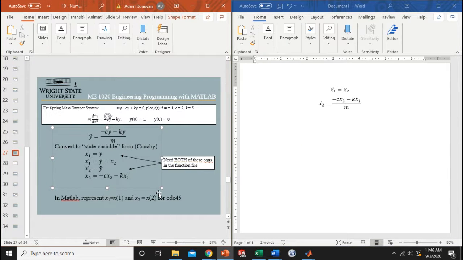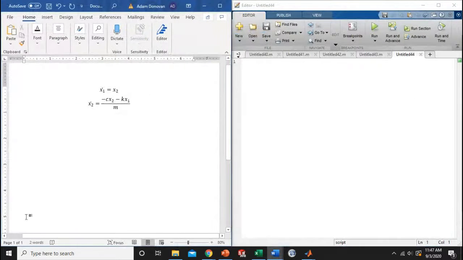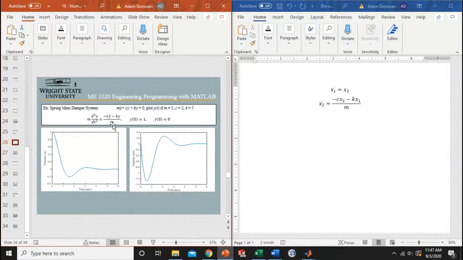And so I can actually just use those right here, and let's go ahead and solve that problem. I gave that m is equal to 1, c is equal to 2, k is equal to 4. Let me actually pull that up and add that in there real quick before I do anything else.